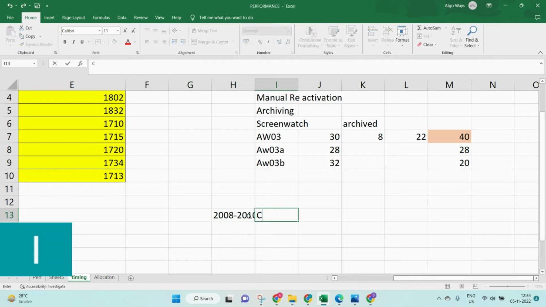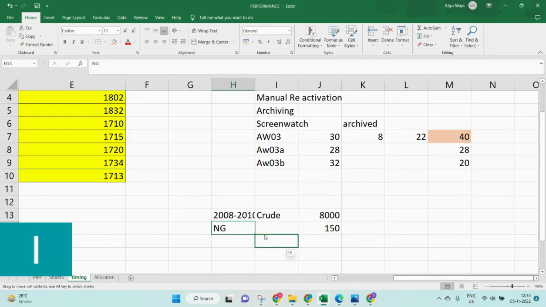crude used to be at say 8,000, and NG used to be between 100 and 200, say 150 rupees. Lot sizes were the same, 100 and 1250.